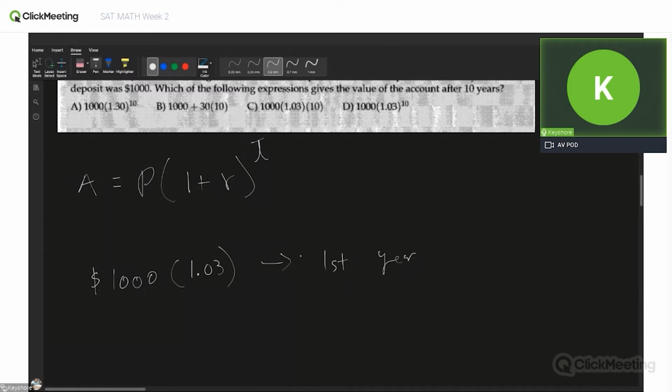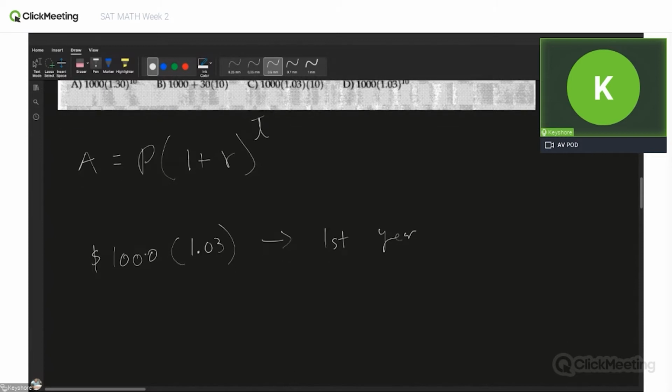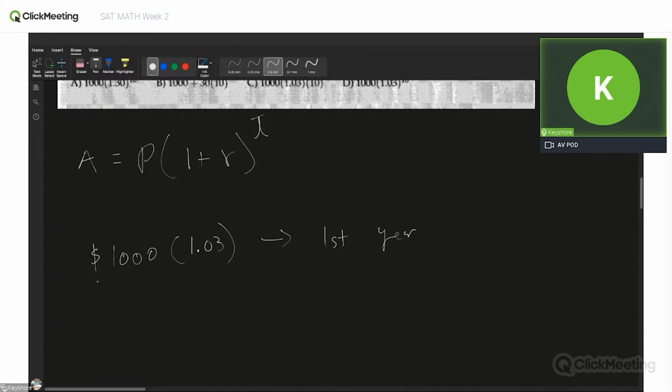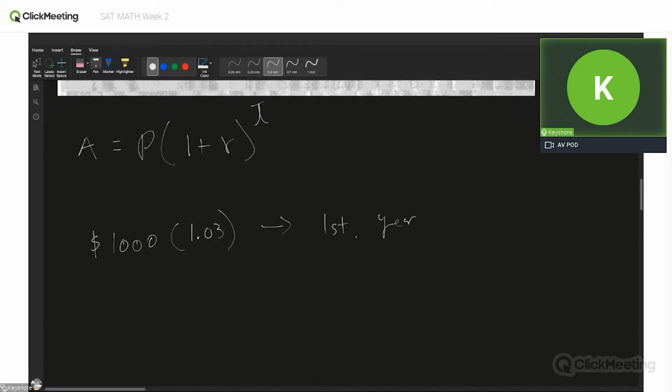Now, when they say compounded interest, what they mean is that the interest I compound with is this price, which is kind of confusing, but I'll explain. They take the first year's amount, which is this, and I just literally rewrote it.